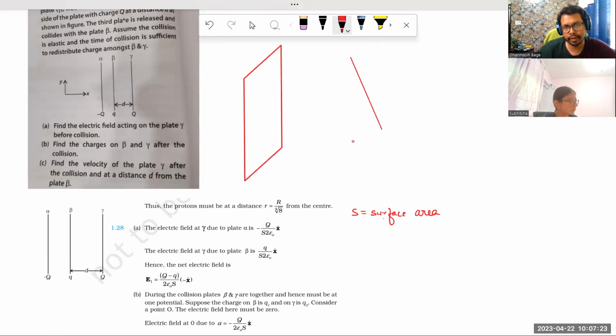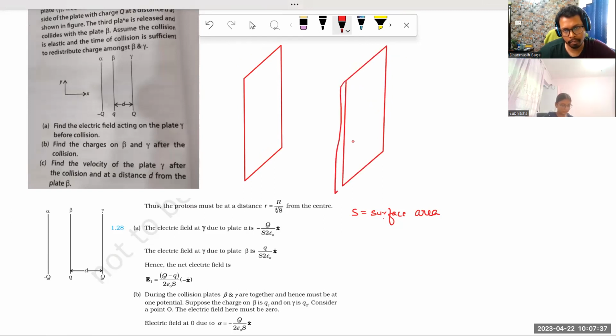And when I talk about something like this, it is a sheet and this is a plate.